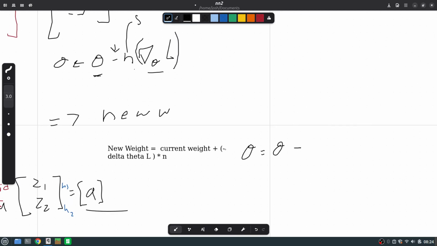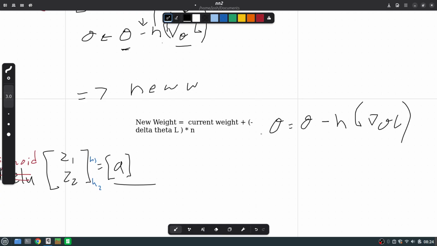If you notice, because this is always negative, this plus sign is going to go negative as well. So that's where this minus sign comes from. And we move the n in, and then we put this term inside here, this delta theta L. And this is how you're going to update the weights and the biases for the entire network. Okay, so hopefully that's clear.